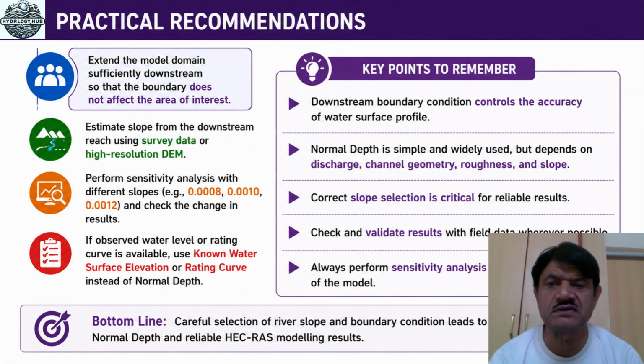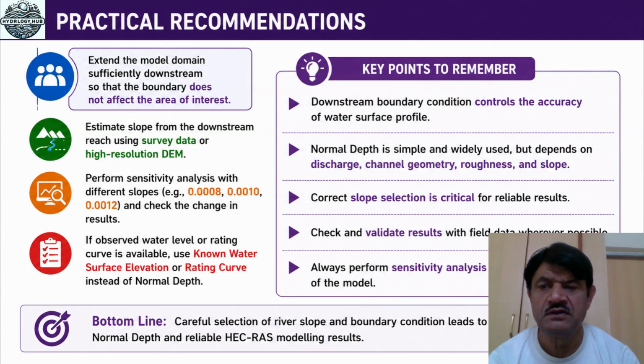Now, let's discuss some practical recommendations based on engineering experience. First, always extend your computational domain sufficiently downstream. This minimizes the influence of the assumed boundary conditions on the study area. Second, estimate the river slope using surveyed cross sections or a reliable high resolution DEM.